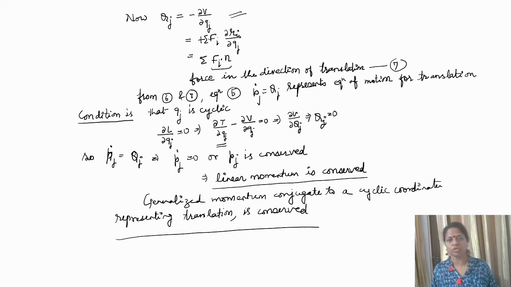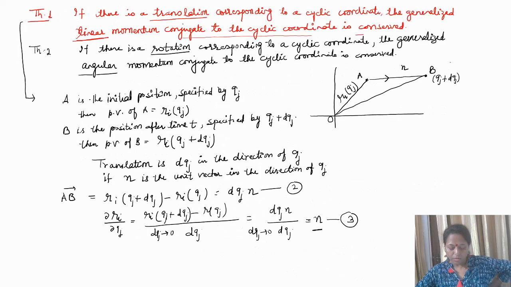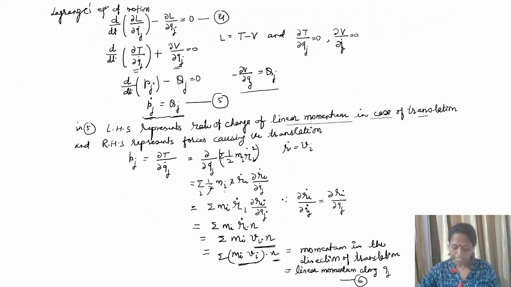This is the first theorem. Now in the second theorem, the statement is that if there is rotation corresponding to a cyclic coordinate. So we'll consider a coordinate and then we will consider a rotation corresponding to that coordinate. So for that, our purpose will remain the same.